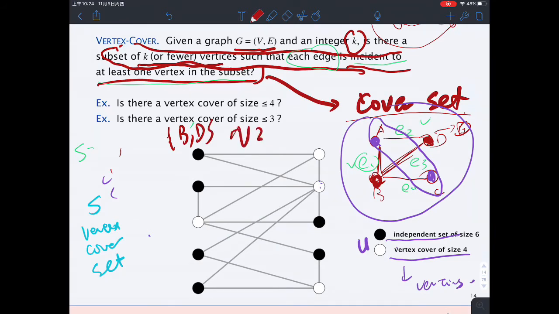If you check all the edges, it's actually a bit surprising: B and D indeed is a vertex cover. It seems this is really true, and it could be a very general observation we are seeing here. So long as we manage to find one independent set, we look at the complement, and then it's a vertex cover.